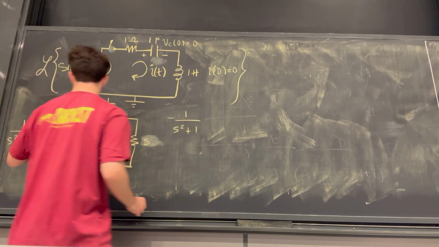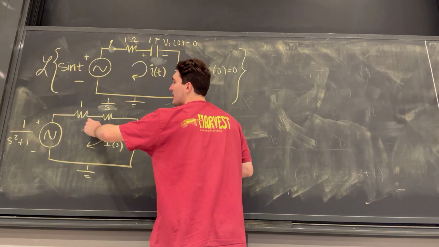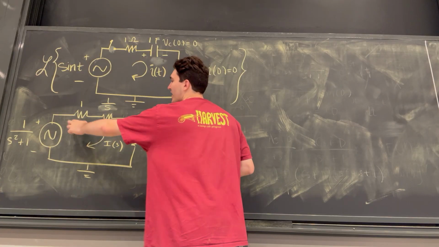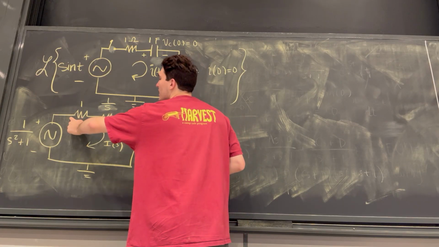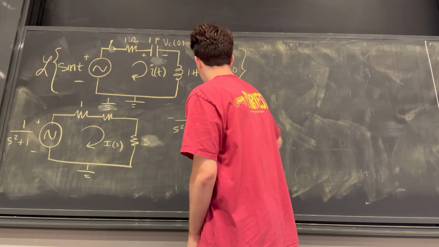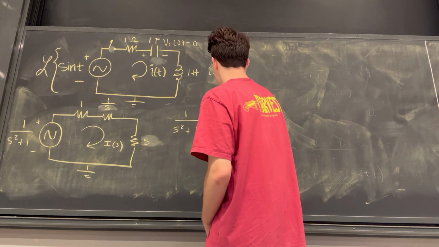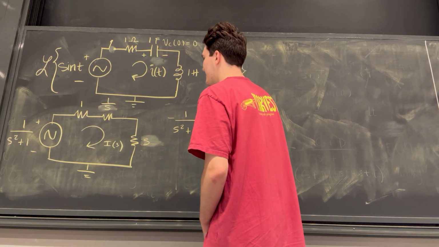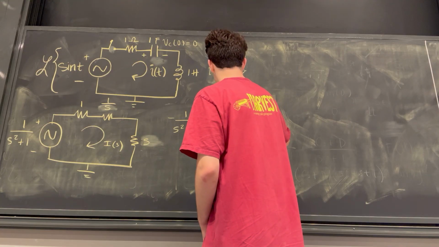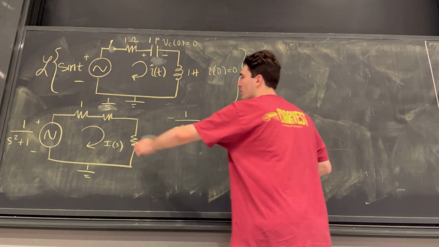Then we pass through this resistor in the direction of the current, as I've defined it, so that voltage rise is going to be 1, the resistance, times the current, I of s. Same thing through both of these resistors.